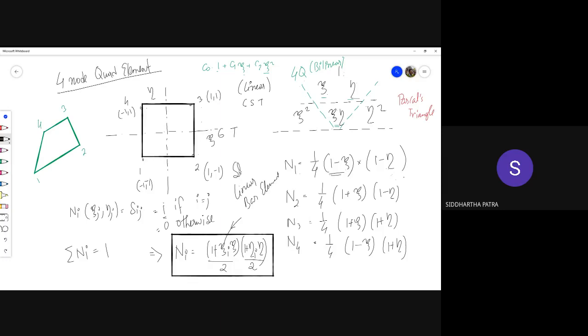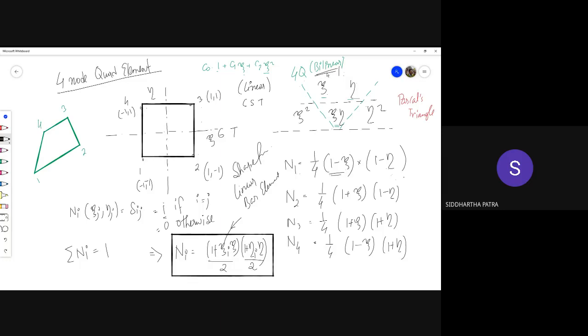So the shape function of the linear bar element. So basically, this 4-noded quad element is like having a linear bar element in the xi direction and a linear bar element in the eta direction. Hence the term bilinear element.